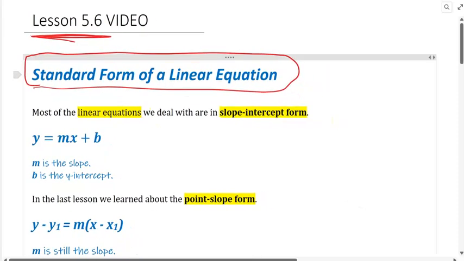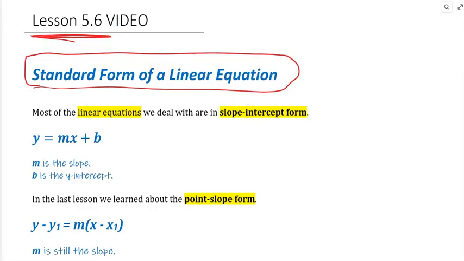Okay, now most of the linear equations we deal with are going to be in slope-intercept form, and I love slope-intercept form, of course. y equals mx plus b, where m is the slope, b is the y-intercept. Remember, the slope is the steepness of the line, right? It's how the line moves. I think that's why they use m. And remember, it is always the rise over the run.